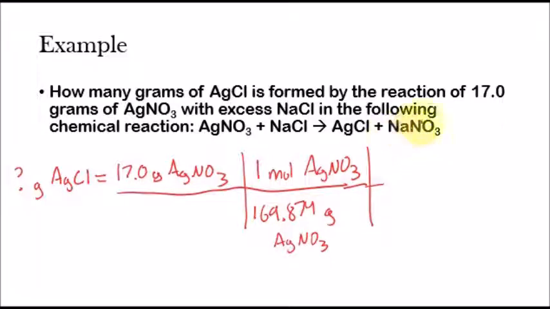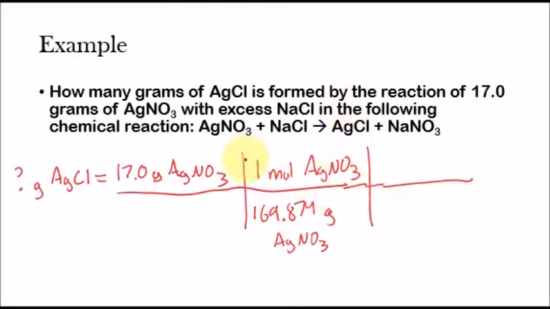So you can deduce that 1 mole of silver nitrate reacting with 1 mole of sodium chloride is going to create 1 mole of silver chloride and 1 mole of sodium nitrate. That's where you get the mole ratio from.